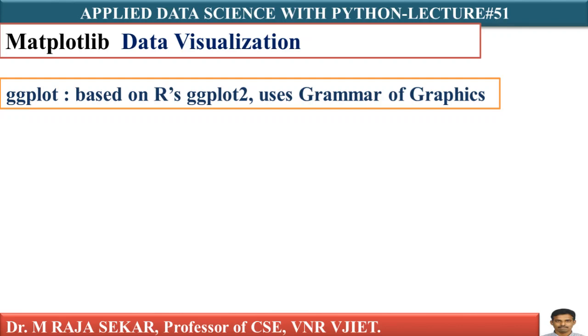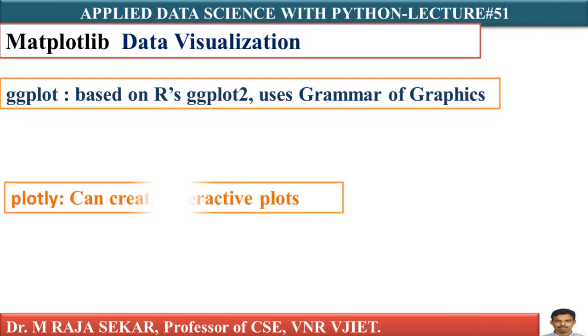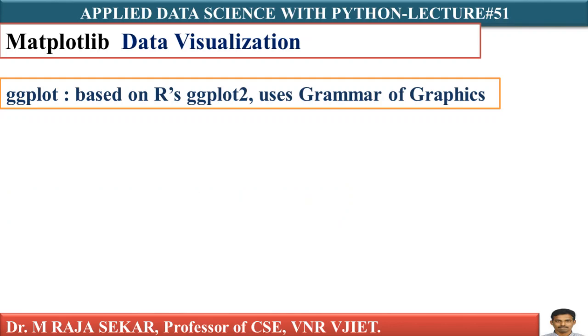R is another programming language that is used for data science, and it has a package called ggplot2, which is entirely dedicated for doing visualization. In Python, we have ggplot that is based on R's ggplot2 and basically uses grammar of graphics.